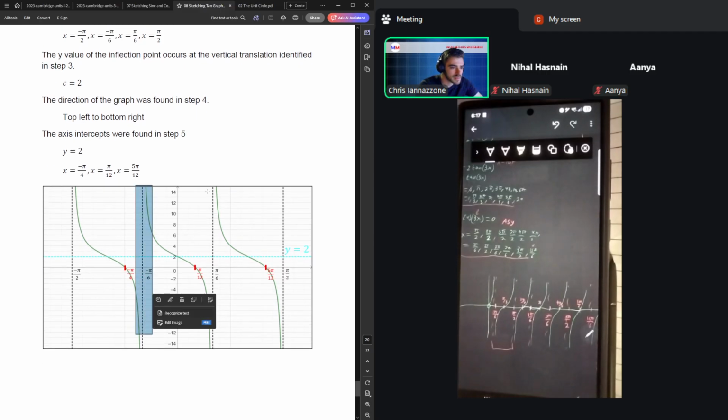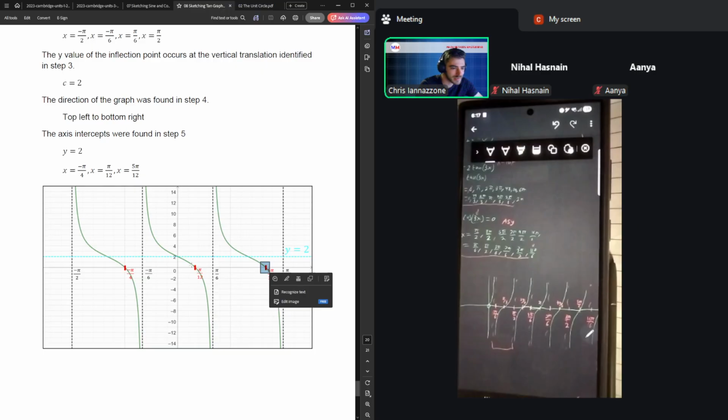Typically you'll dot out the asymptotes first, and then you do the x-intercepts after that, then probably draw your curve through that. Alternatively, you can do your asymptotes, draw the curve, and then wherever your curve goes through, you just put a tick on them and label it that way.